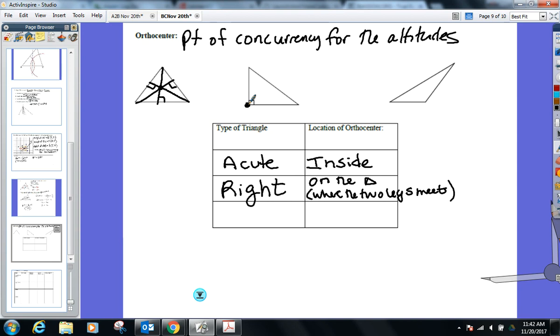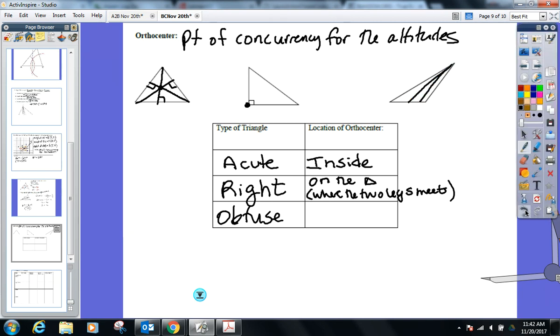And then anybody know what this last type of triangle is? Yeah, obtuse. One last time, what's the definition of an altitude? Starts from a vertex and is what? Perpendicular, right? Don't draw this in because it's incorrect. Does that look perpendicular?